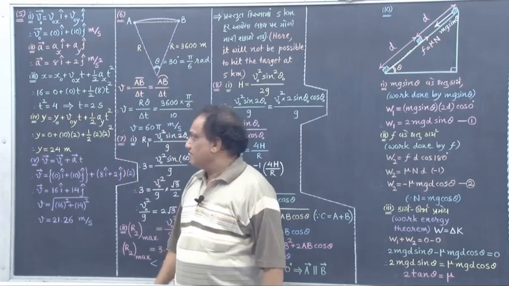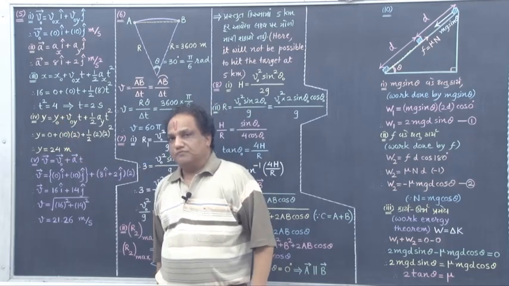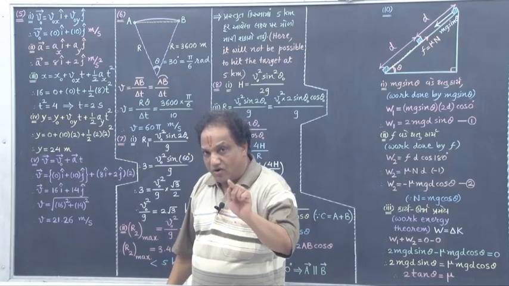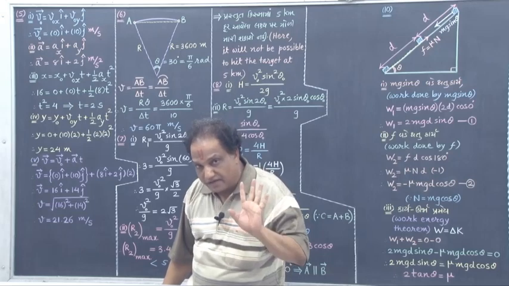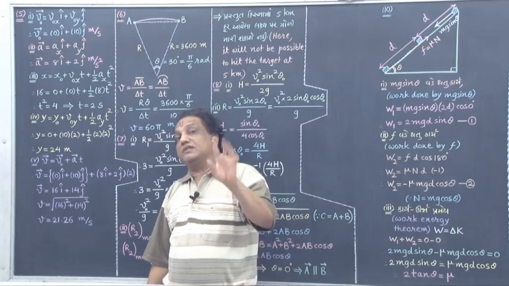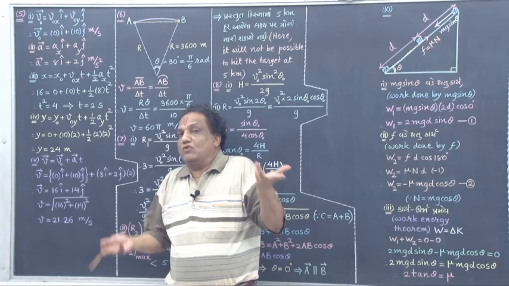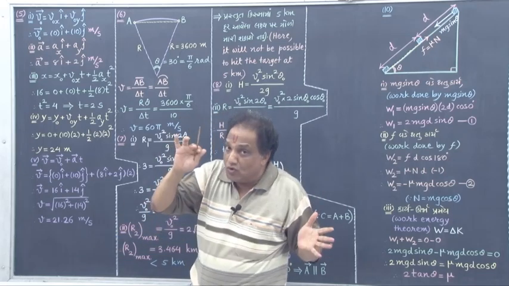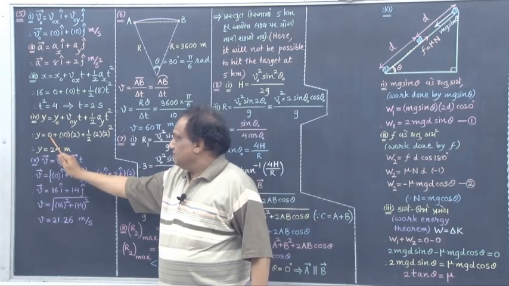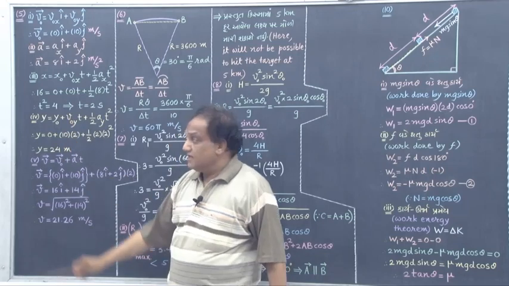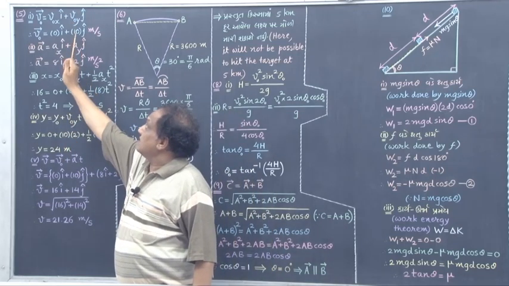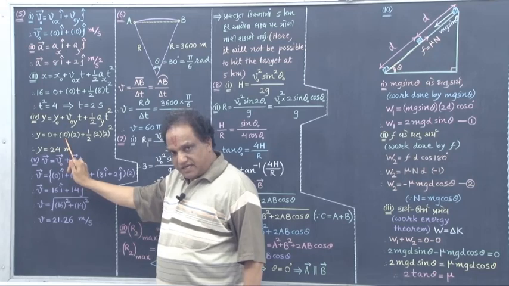Got it? Fine. What about y0? It is the y coordinate of the initial position of the particle, but because the particle starts its motion from origin, you know the y coordinate is 0. So, this is 0, and v0y is 10 meters per second, correct.